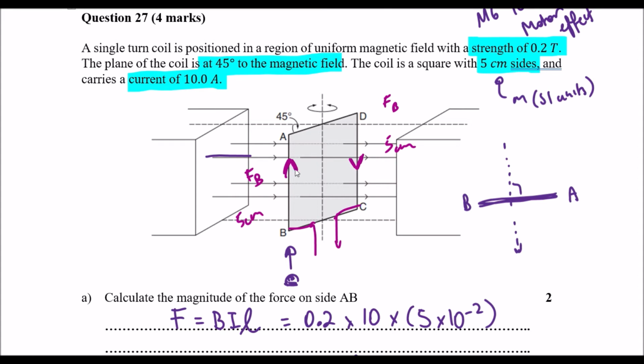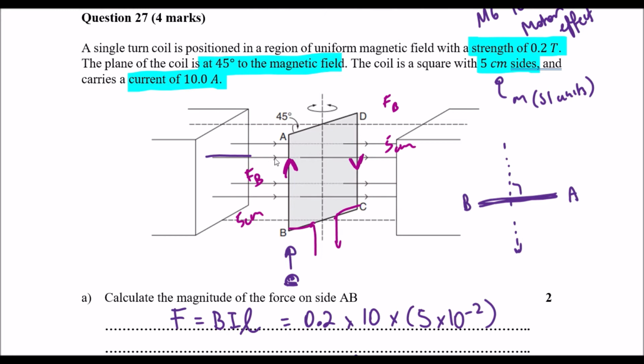Now, if I use the right hand palm rule, let's look at where the force is pushing this side of the wire. So right thumb up and fingers pointing to the right hand side.